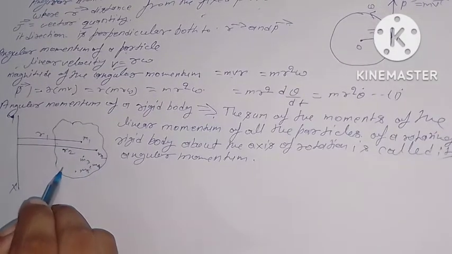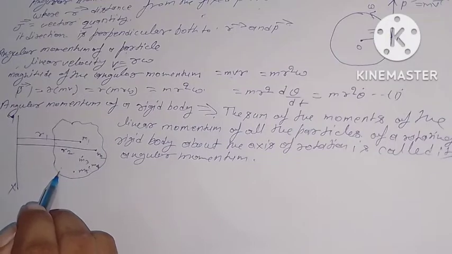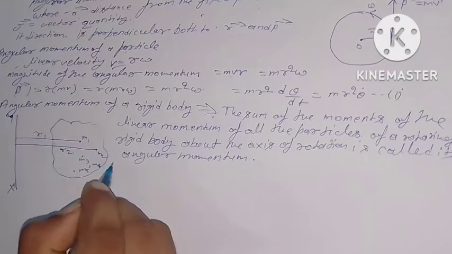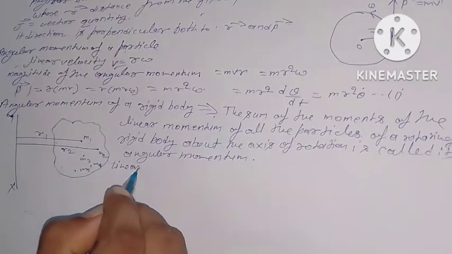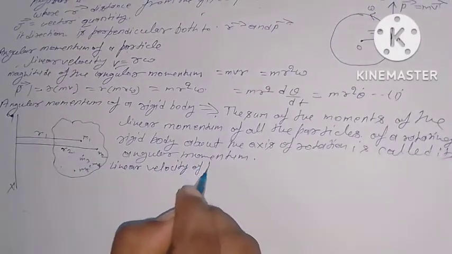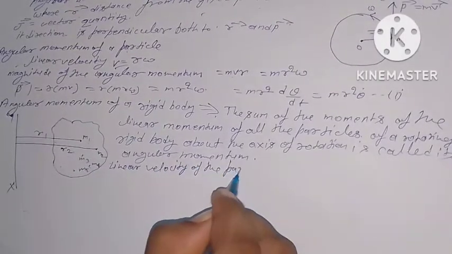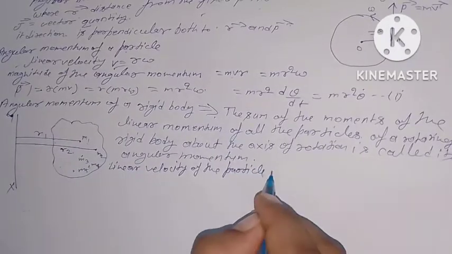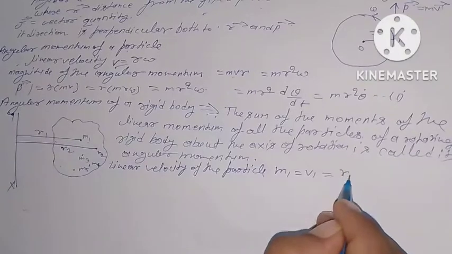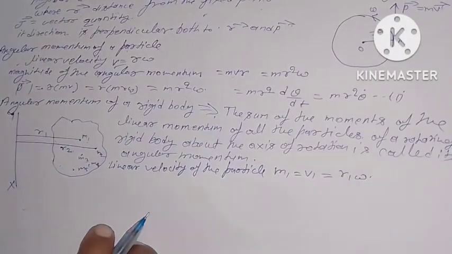In this figure, if omega is the magnitude of angular velocity, the linear velocity of the particle M1 is v1 equal to r1 omega.